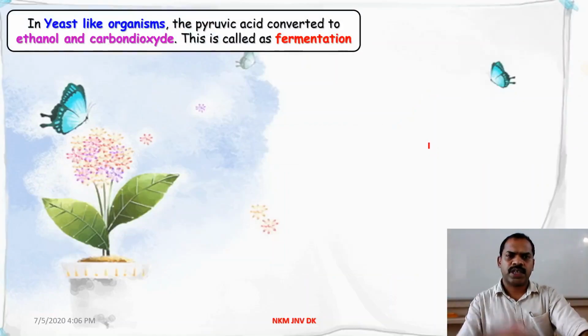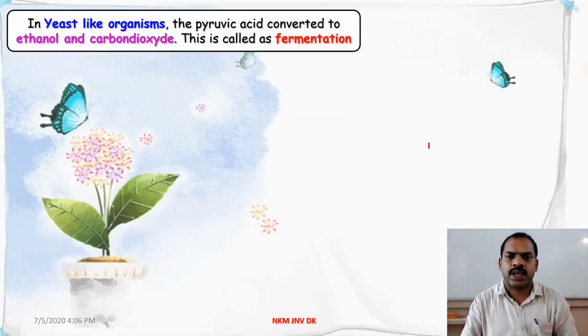When you come to the next level, yeast and some other organisms will convert the pyruvic acid into ethanol and carbon dioxide. This is called fermentation. This process is familiar to us.